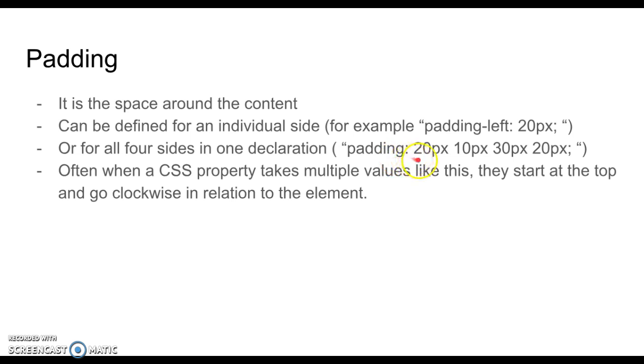For example, in padding we have here 20 pixels, 10 pixels, 30 pixels, 20 pixels. Often when a CSS property takes multiple values like this, they start at the top and go clockwise in relation to the element. So in this example, this would apply 20 pixels of padding to the top, 10 pixels to the right, 30 pixels to the bottom, and 20 pixels to the left.